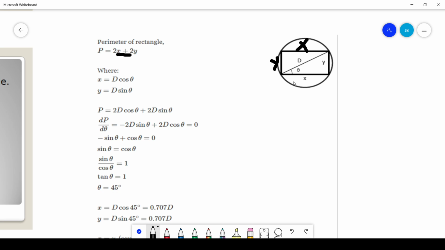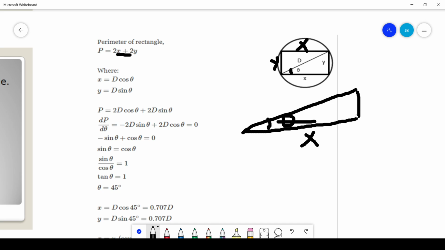Okay, so X here, you can see an angle. If you draw a triangle, remember in your trigonometry, this is X, this is Y, right? So to find X, you use SOHCAHTOA.